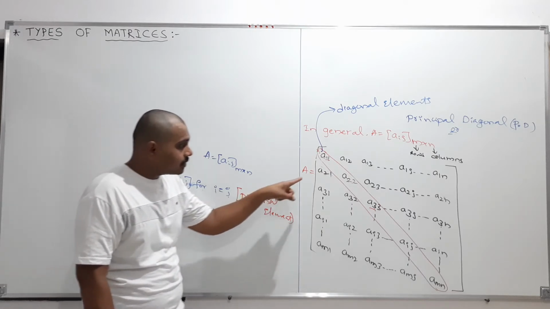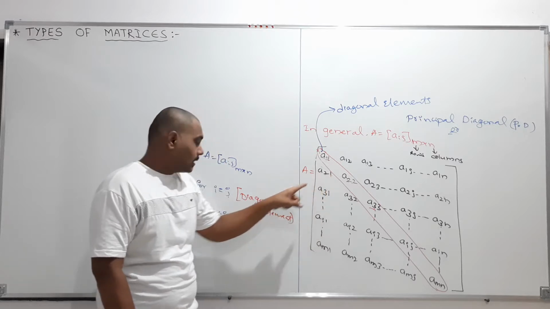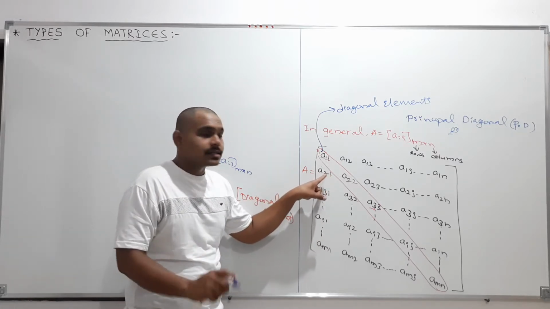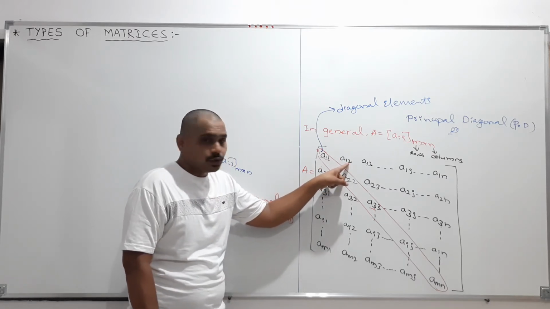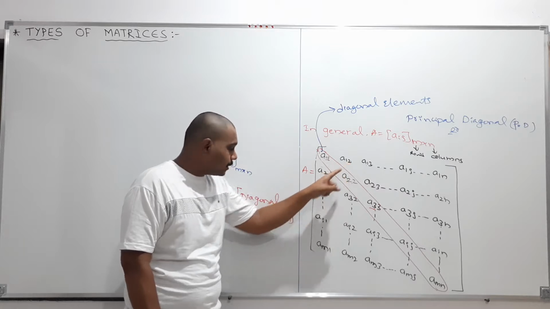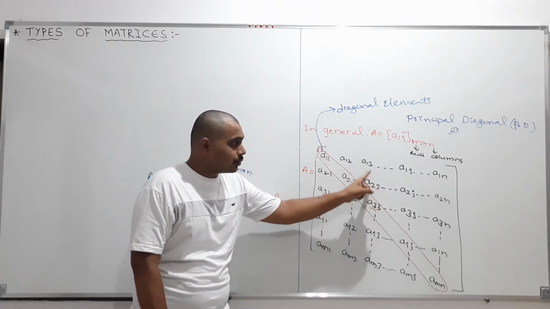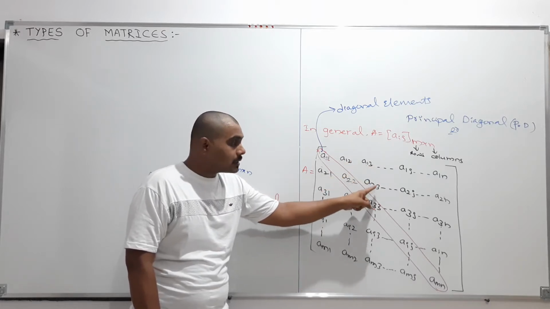Here the i value is 2 and the j value is 1, so i is not less than j. In this case, i is less than j: 1 is less than 2, 1 is less than 3, and 2 is less than 3.